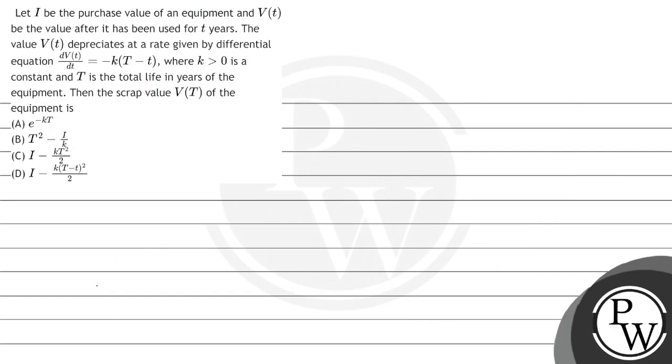So we are given dV by dt is equal to minus k of (T minus t).